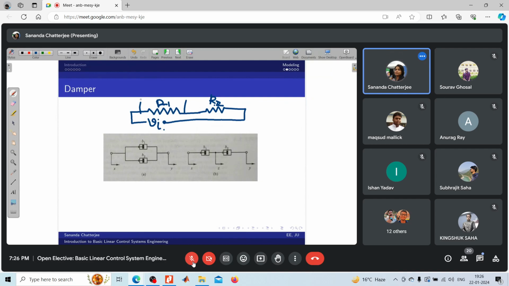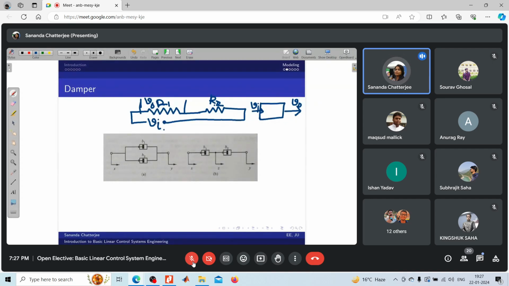Okay, so this is a series combination of two resistors, R1 and R2, say. Okay, and the plant we are talking about is actually taking the input Vi. Now the box of that plant is not a black box to us. So let us assume that inside the plant there are two resistors connected in series.